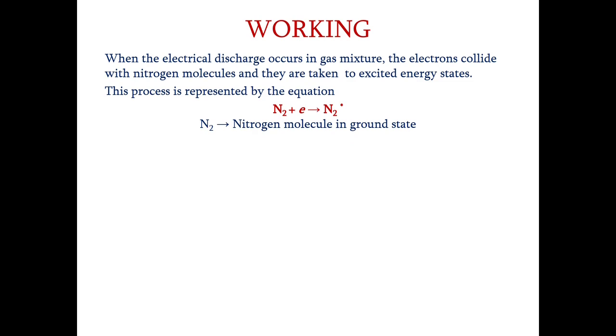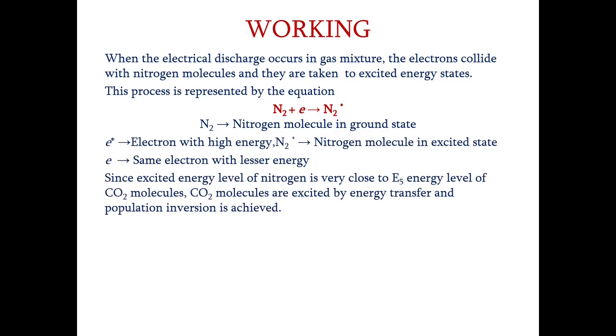So when an electrical discharge occurs in the gas mixture, as I said, the electrons collide with nitrogen molecules and they are lifted to the excited energy state. So equation wise we can write: the nitrogen, when it acquires electron from the electrical discharge, goes to the higher energy state N2 star.